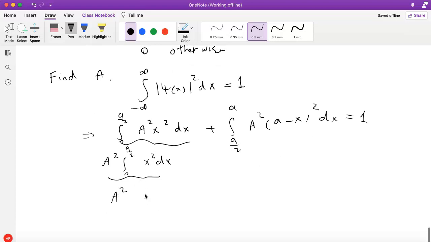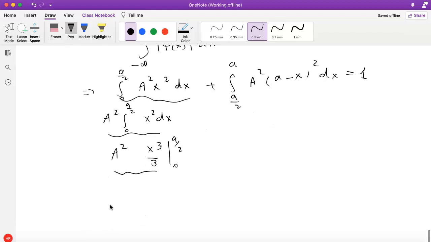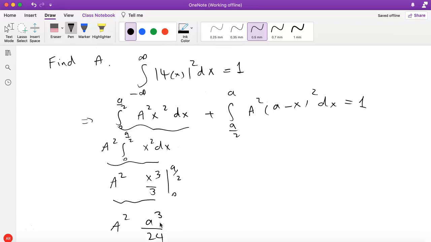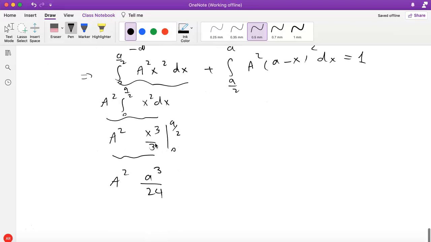So it's going to be A squared x cubed over 3 running from 0 to a over 2, so it becomes A squared a cubed over 24, I believe. Right, so that's a simple integral that we do. A over 2 squared is a squared over 4, a over 2 cubed is a cubed over 2 cubed, which is 8, and 8 times 3 is 24.